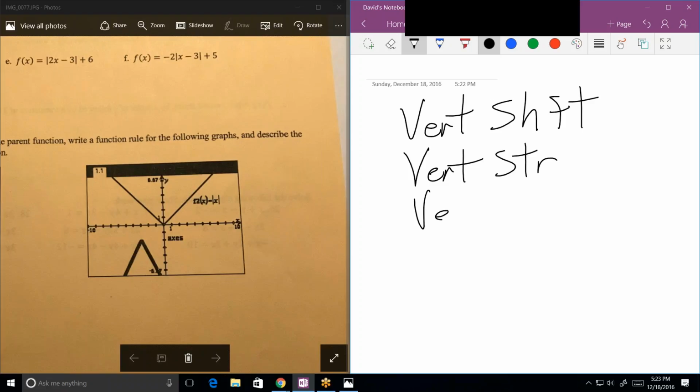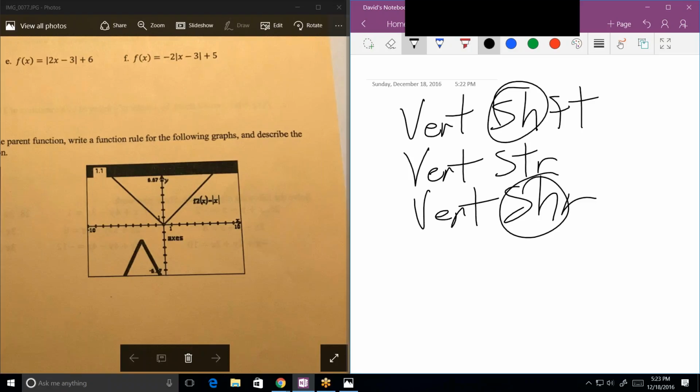And there's shrinks, which do change the shape. They're confusing because they all start with S, and these two both start with SH. So it's tough to differentiate them. And horizontally, you have the same 3 things. You have horizontal shifts, horizontal stretches, and horizontal shrinks.